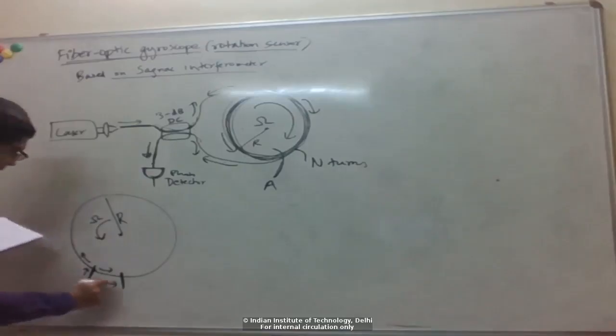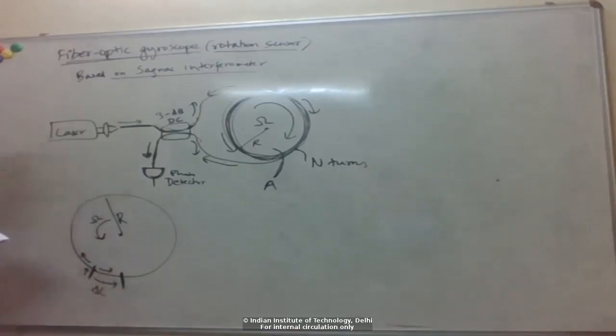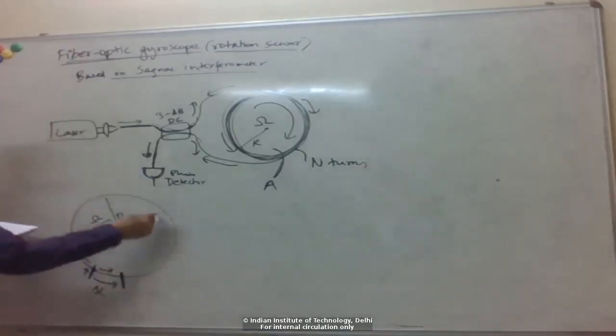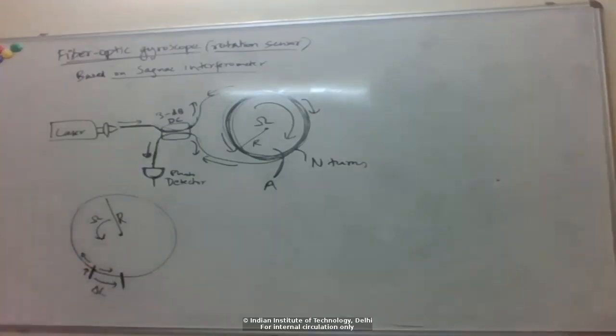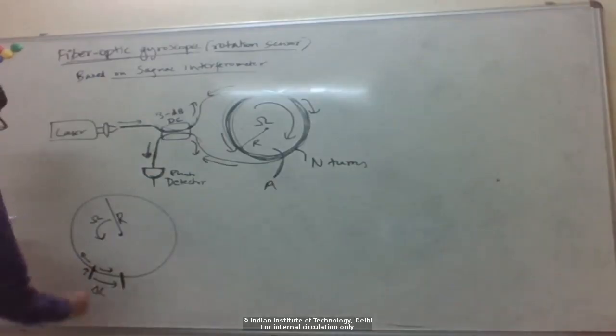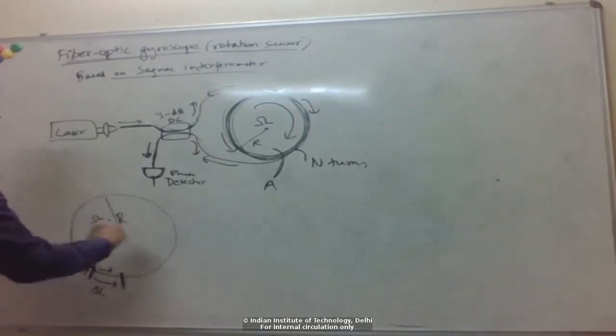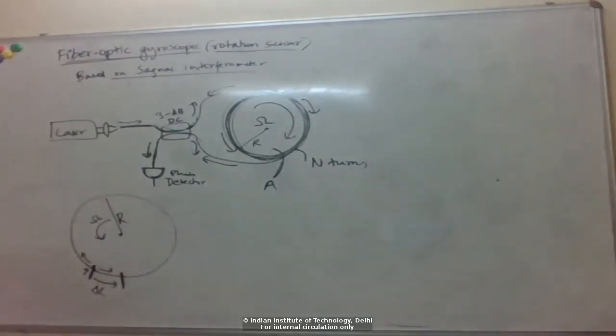So this distance that it has traveled, let's say it's delta L, in some time delta T, which is the time taken by the light to traverse this path.